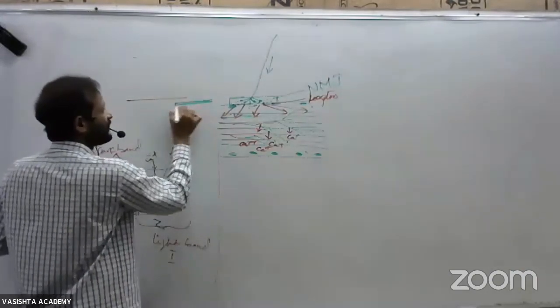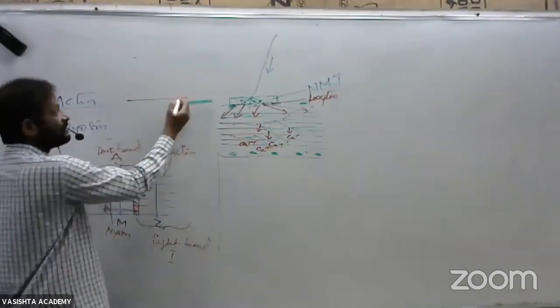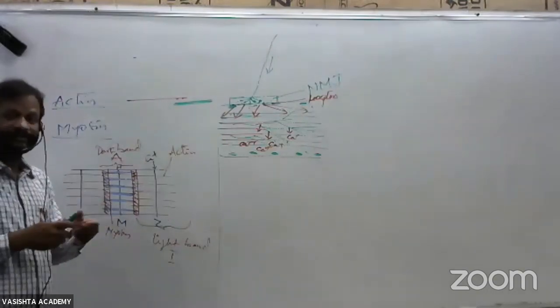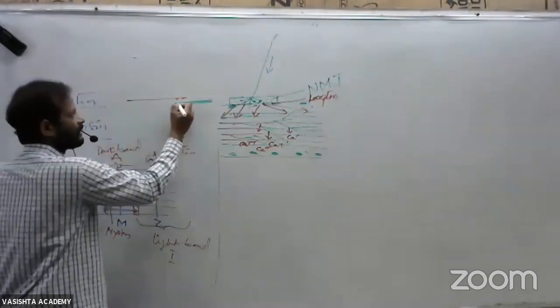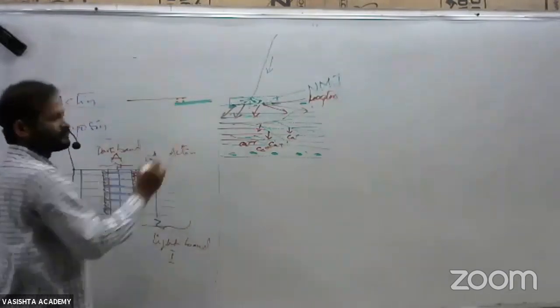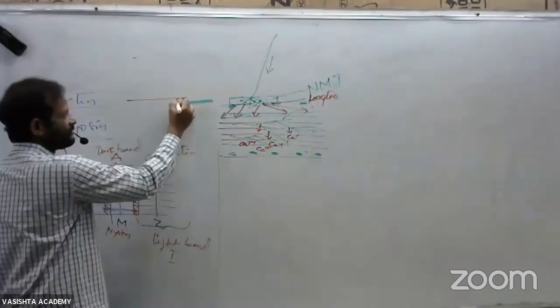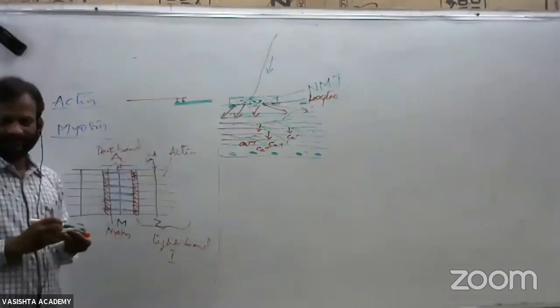Myosin is the thick filament. On the surface of actin, what is present? Troponin complex. On the surface of myosin, what do we find? Cross arms and head, like this. I don't know whether you can see this. This is the head. This is the troponin complex.